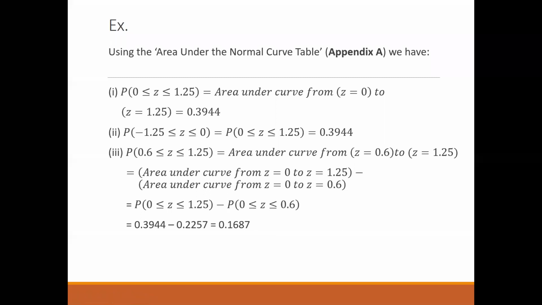Let us take a few more examples. Suppose I have to find out the probability for the value of z greater than or equal to, say, 2.5. Let us see that. If I'm saying z is greater than 2.5, that means the value will be up to infinity, right?